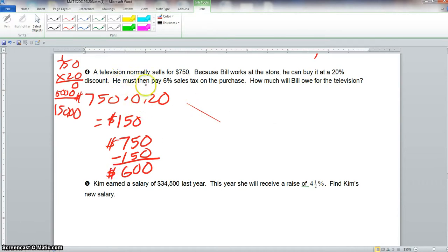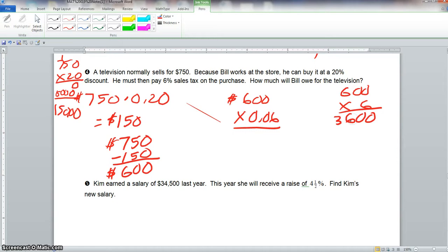But it also says that he must then pay 6% sales tax on the purchase. So we would take our $600 and multiply that by 0.06. So we could go off to the side and take 600 times 6. That'll give us 0036.